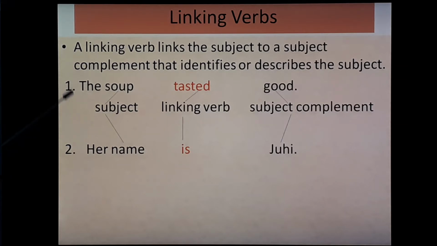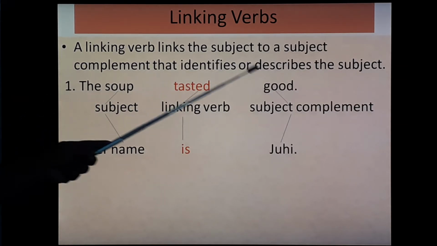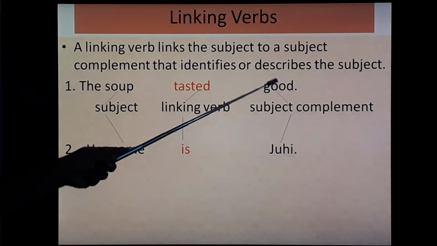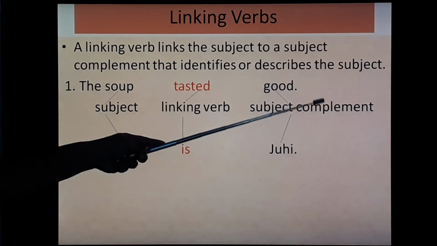For example, the soup tasted good. Here the soup is the subject, tasted is the linking verb. Why? Because this linking verb links the subject to a subject complement. Good is the subject complement.